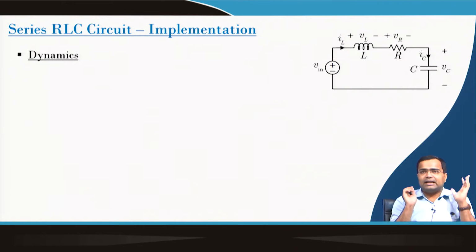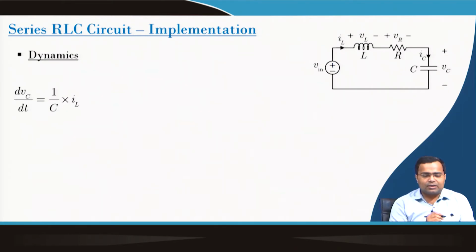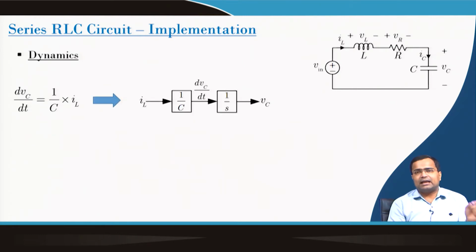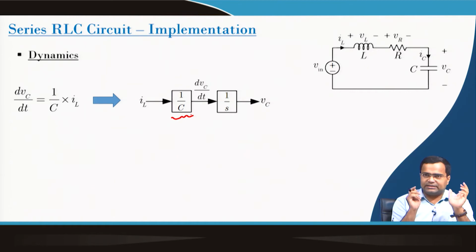Now, the dynamics we are writing, dVc/dt equal to IC, that is IL, can be implemented by this block where 1/C is the constant, where we can plug in the capacitance value. In Simulink, when we implement, we will use a parameter C, so that we can define the parameter value in the .m file.